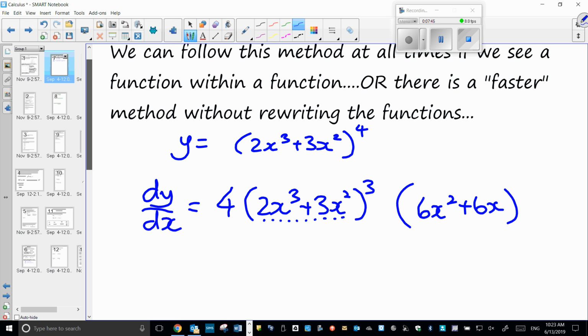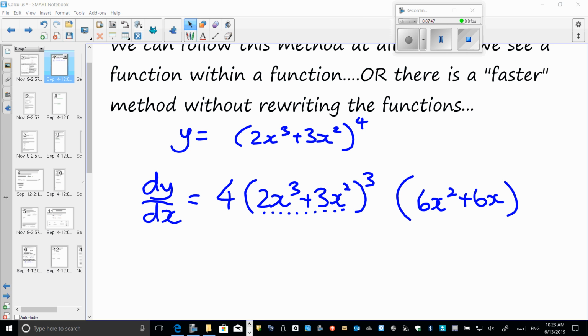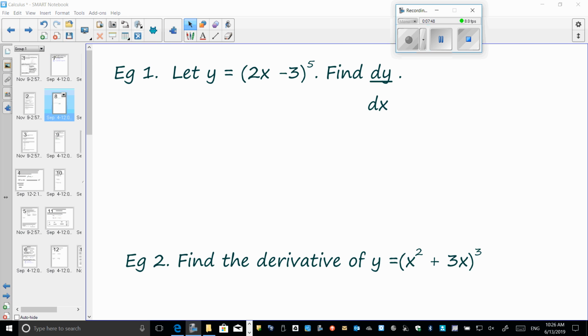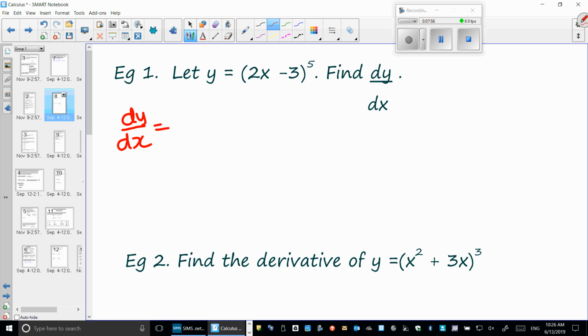Okay, so we're trying to find dy/dx. dy/dx would equal, we pretend that this is on its own, so 5 bracket 2x minus 3 to the power of 4.